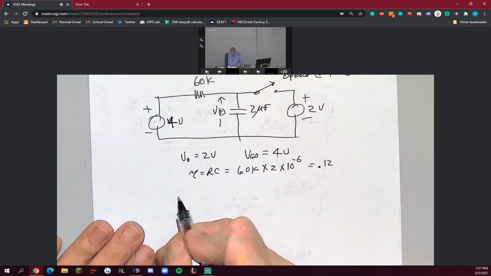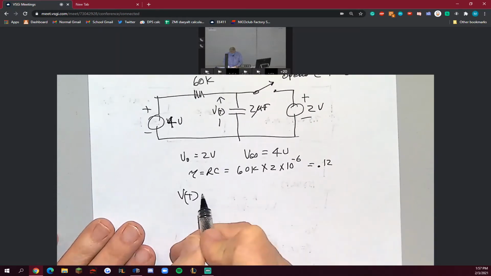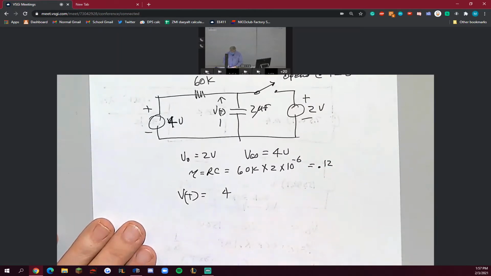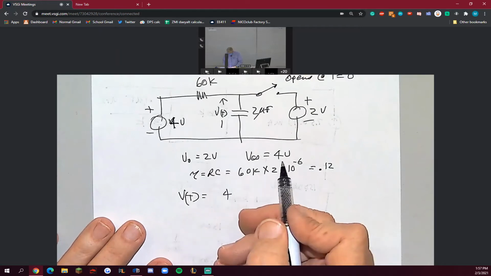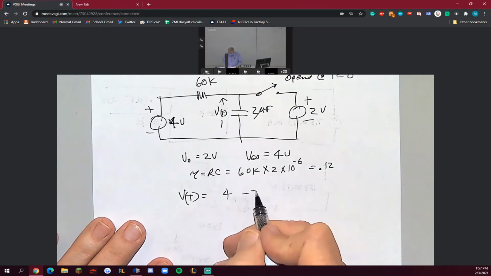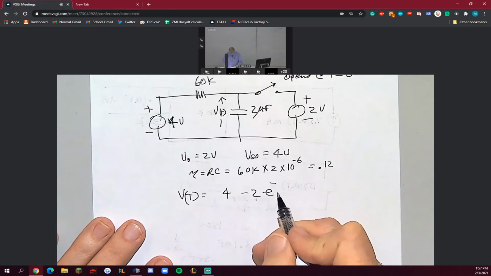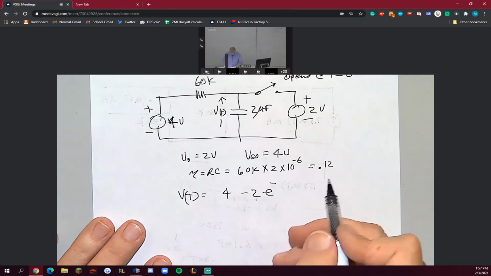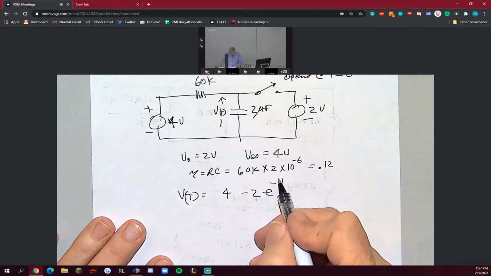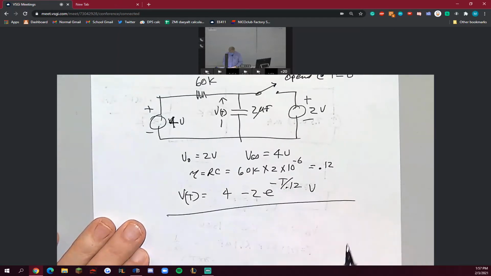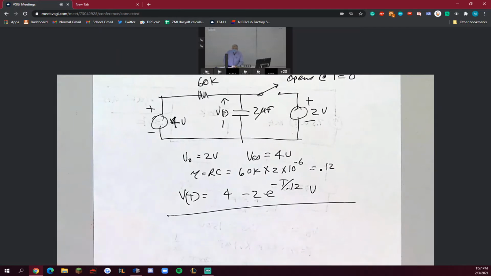So now we can say that V of t is equal to V infinity, that's 4, plus V0 minus V infinity, so 2 minus 4, so minus 2 e to the minus t over tau, and so that'd be t over 0.12 volts. Okay?